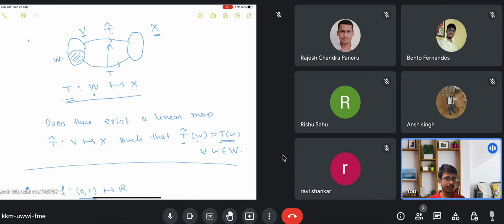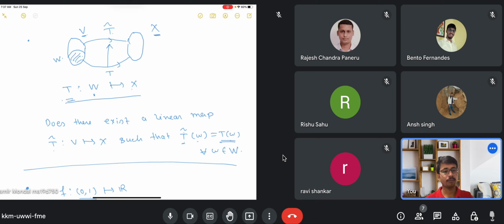My answer is yes. So how can we find this extension? Use two well-known results. One is we can extend the basis of a subspace to the main space. Second is, if we know the image of a linear transformation on a basis, then we are done.